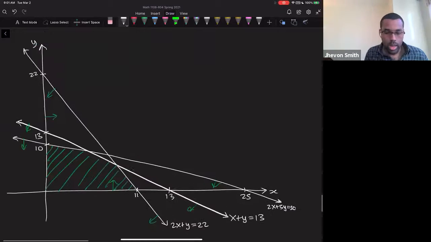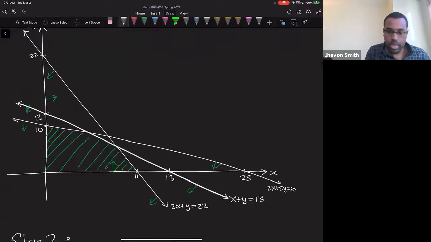Okay, so up here, you'll notice what that means. I need to find this point, this point, this point, this point, and this point. Right? These are all the corner points. So I look at the boundary of my feasible region, and wherever 2 or more constraints intersect, that's a corner point for me. We need to find all of those guys, right?